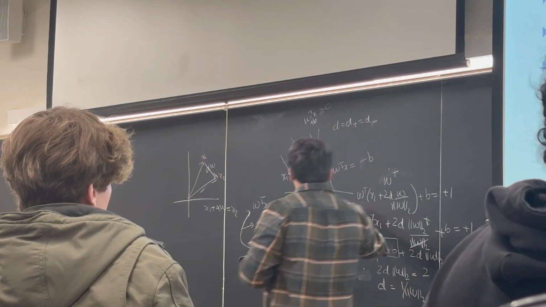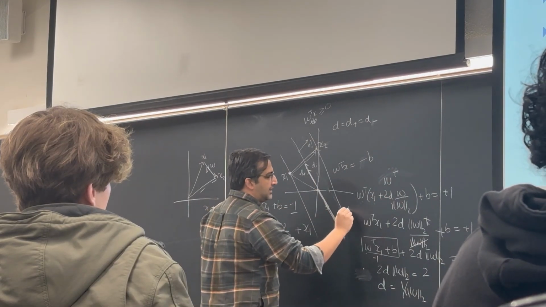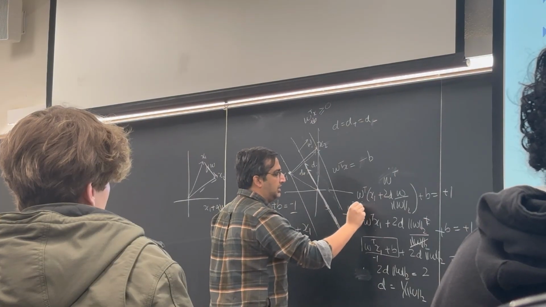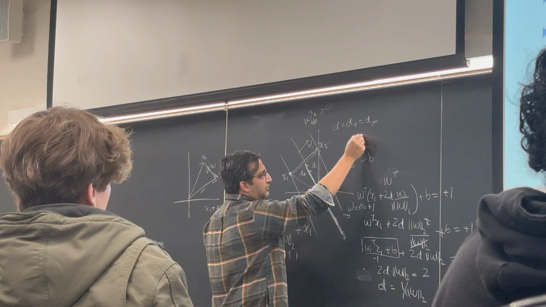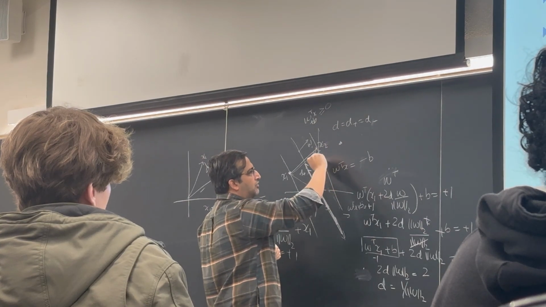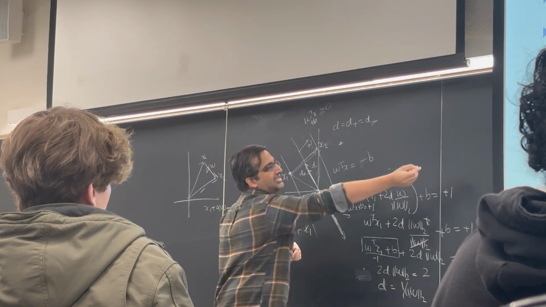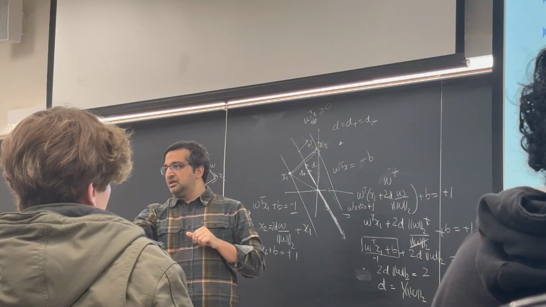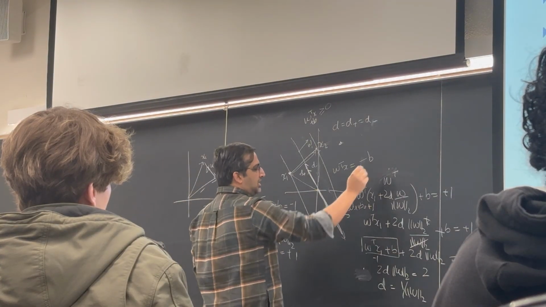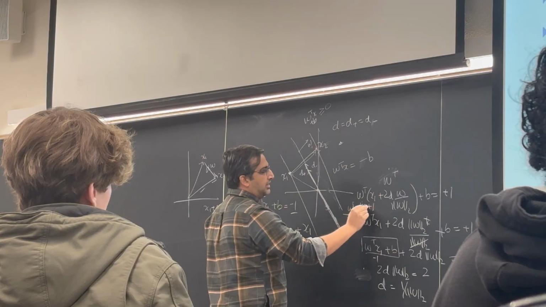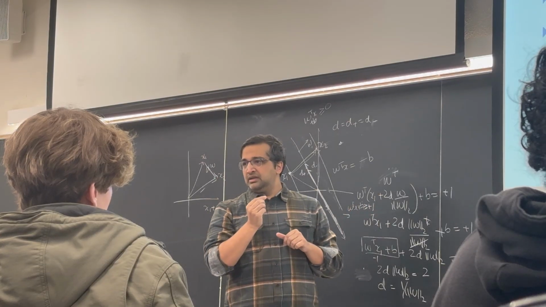So this hyperplane here has W transpose X plus B is equal to plus 1. Whatever data points that we have, we want them to lie on this side of the rightmost hyperplane, right? Which means we want the constraint to be greater than equal to plus 1.